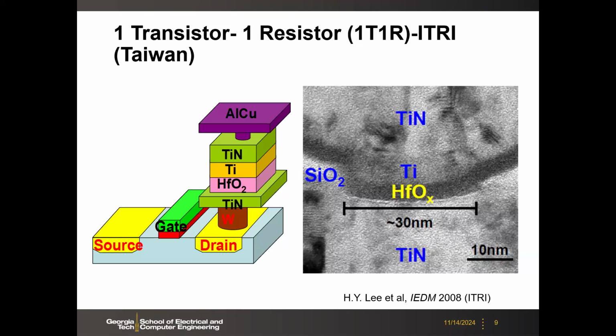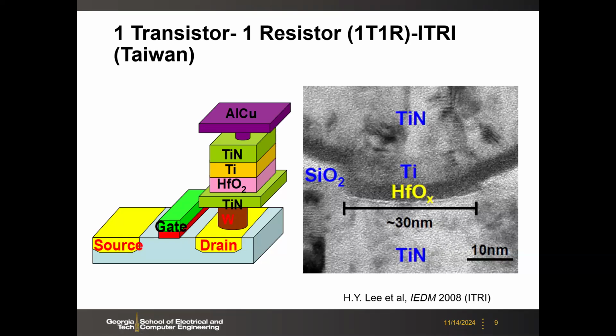So later, ITRI was the very first research organization that switched to hafnium oxide. And I can tell you today, TSMC is using this one, hafnium oxide. And I would say most foundries are using this one, or maybe a variant of this one.